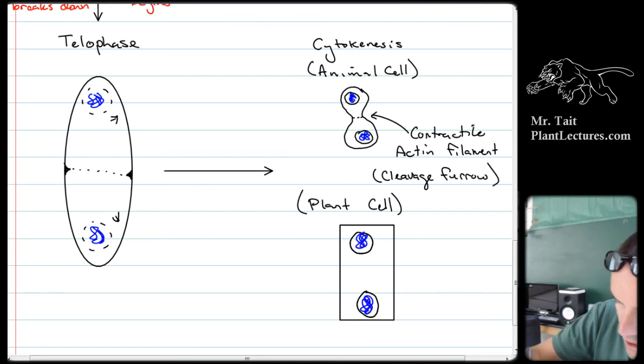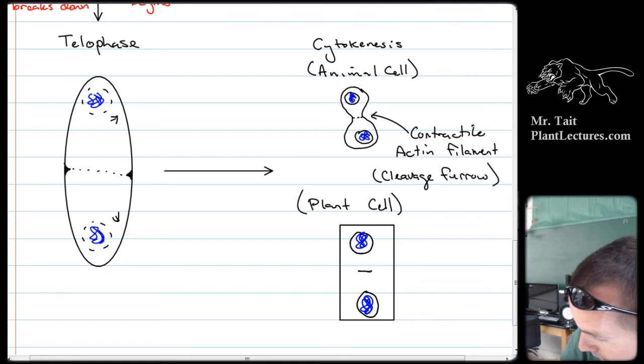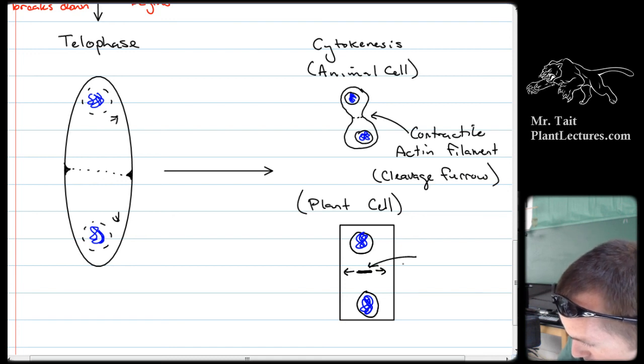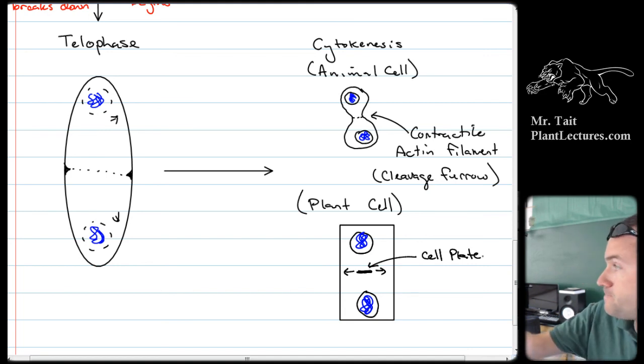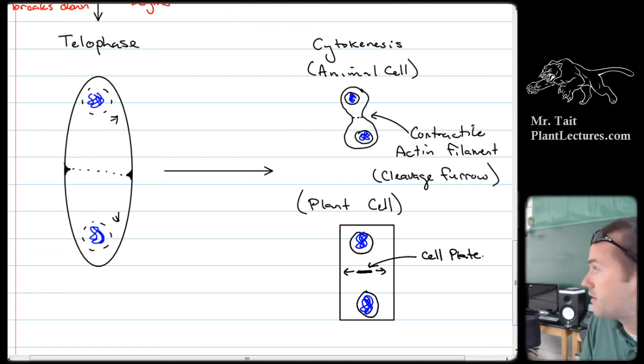But the way that this works is that a cell wall begins to form in the middle, called the cell plate. And that cell plate then just grows to either side, and as it grows to either side, it will separate the two cells, and so each one will then be half the size of the previous cell.